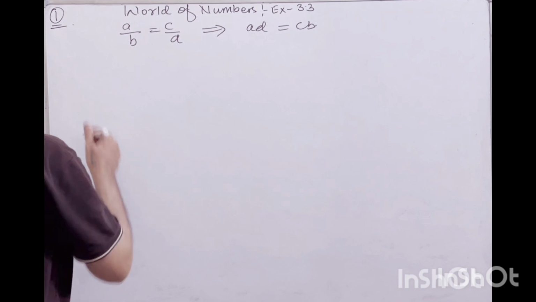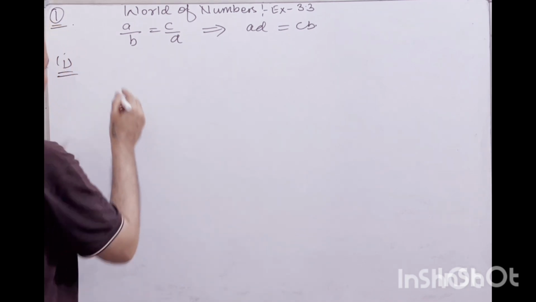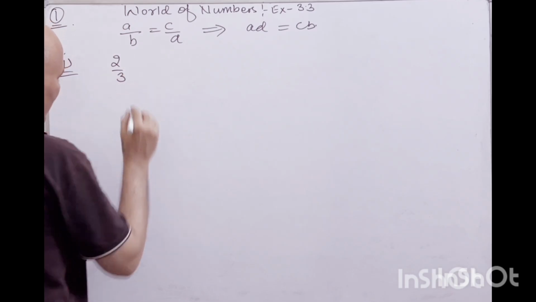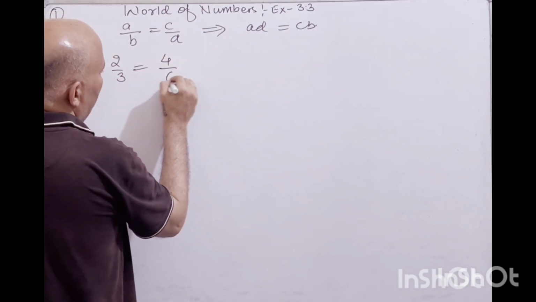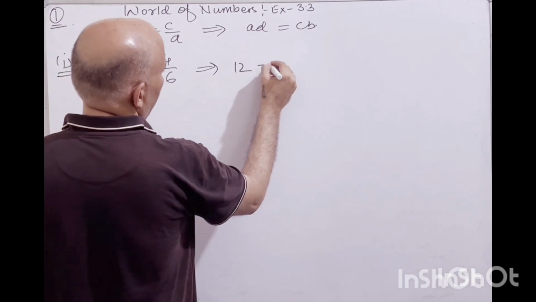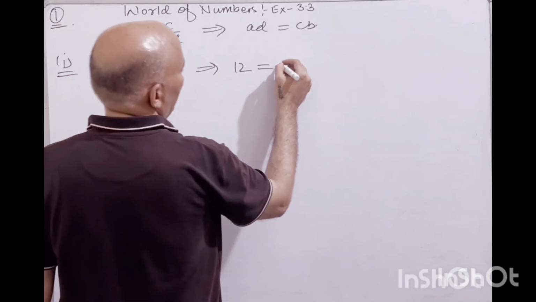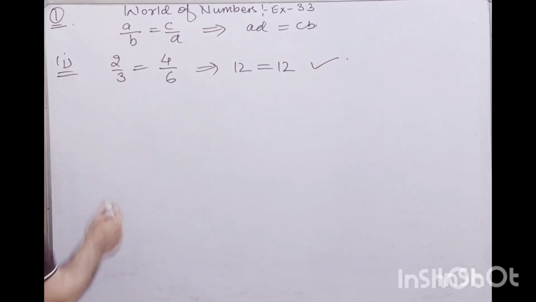अब हम इनको प्रूव करते हैं वन बाय वन। Now the first thing is given 2/3 is equal to 4/6. So cross multiplication, 12 is equal to 3 into 4. So this is equal. The first is equal.